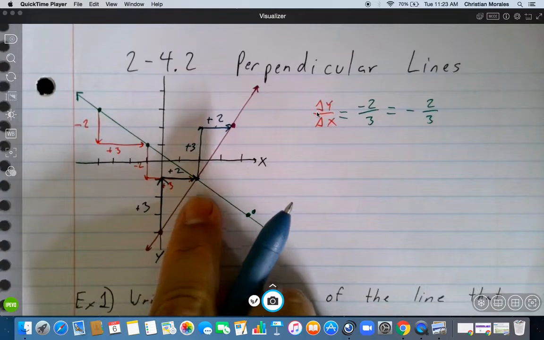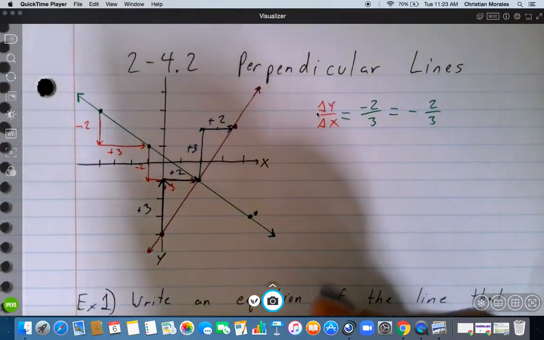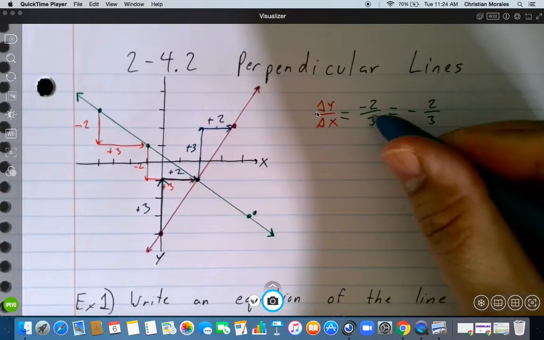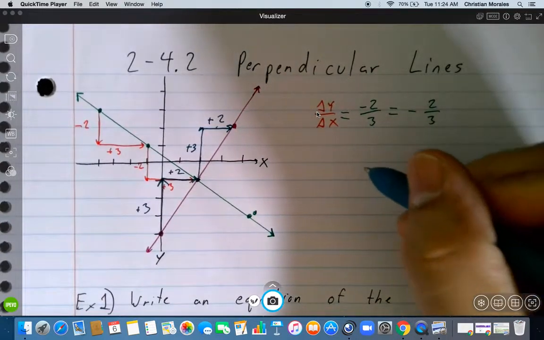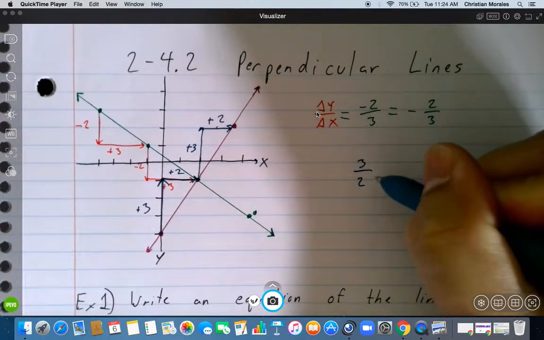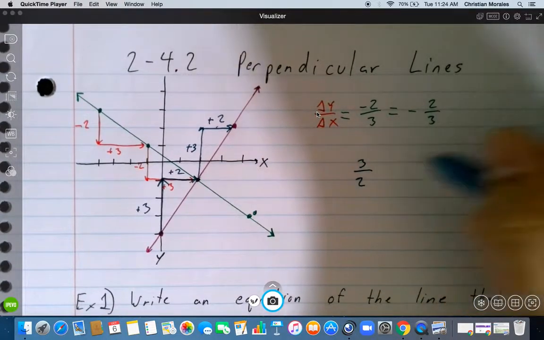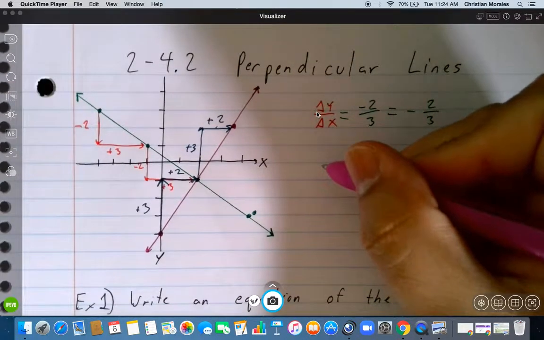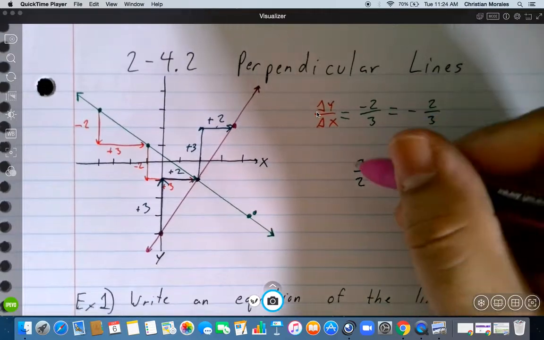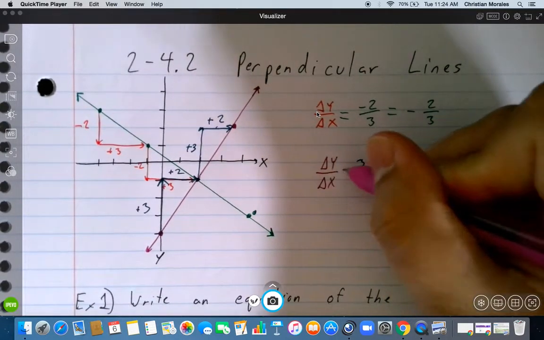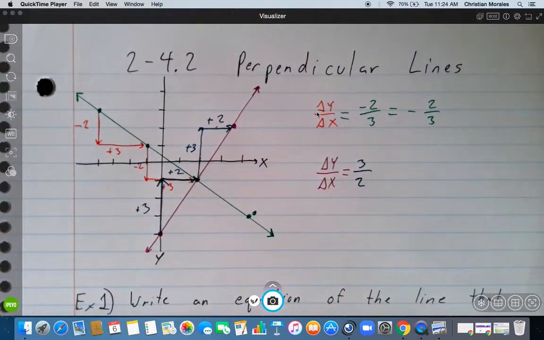So up 3 over 2. For this line, the slope is not going to be -2/3, it's going to be 3 over 2, and there's no negative sign. So the change in y and the change in x, or the slope, is 3/2. So there are two different slopes.